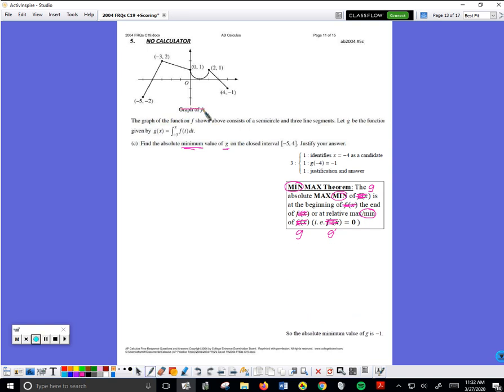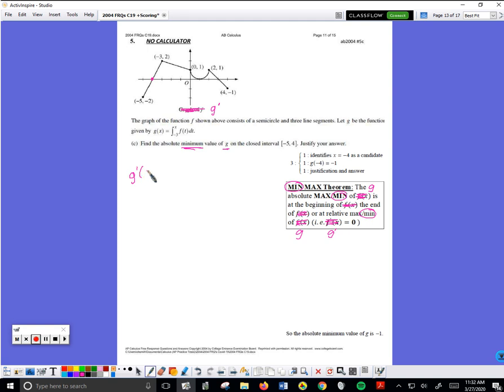like we've already had to think about this. This is G prime. We can see that G prime has negative y values. Then at x equal negative 4, G prime switches to positive y values. So we need to make a note of that.